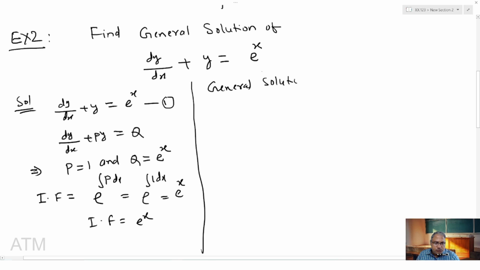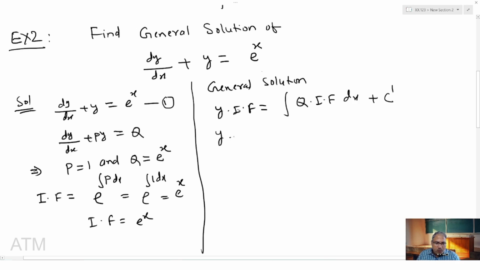General solution is given by y into integrating factor equals integration of q multiplied by integrating factor, and the integration is done with respect to x plus c or c dash.